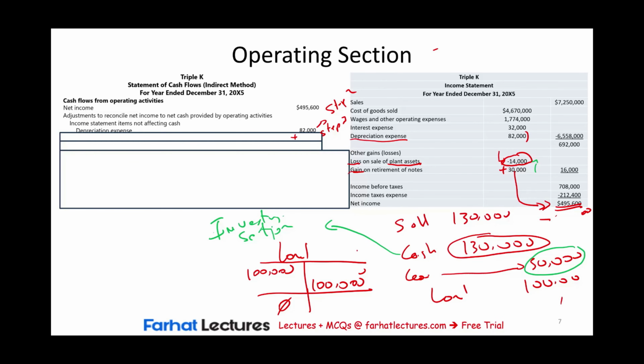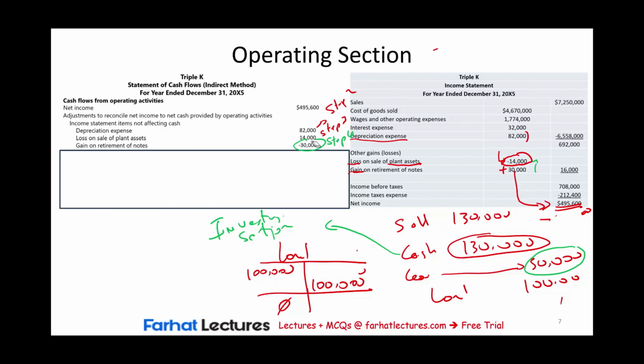Everything that I receive for this land is supposed to be in the investing section. So since I added it, I have to do the opposite. I have to deduct the gain. And this is step 4.